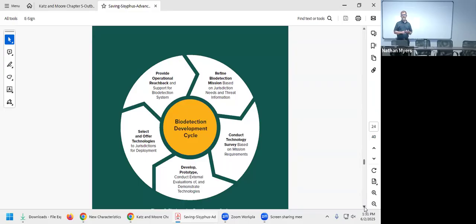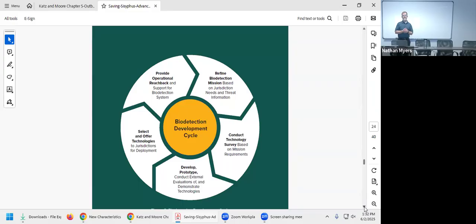Conduct a technology survey based on mission requirements. So again, looking at the technology that's currently available and the types of threats that we need to monitor for. And if there's a disconnect there, start developing new technology to address those disconnects. Develop prototypes for new types of technologies.